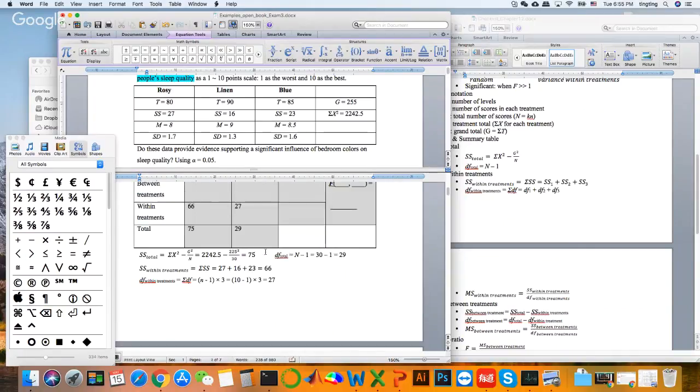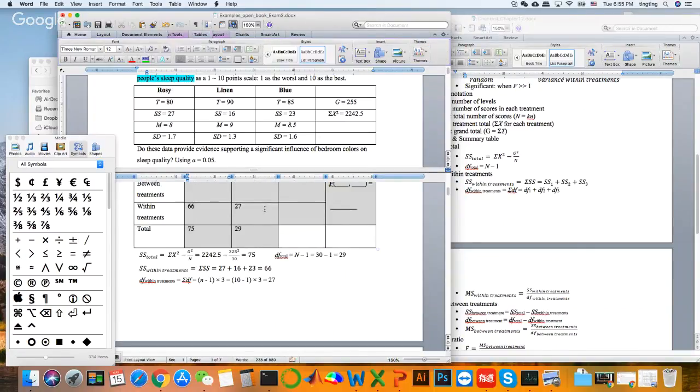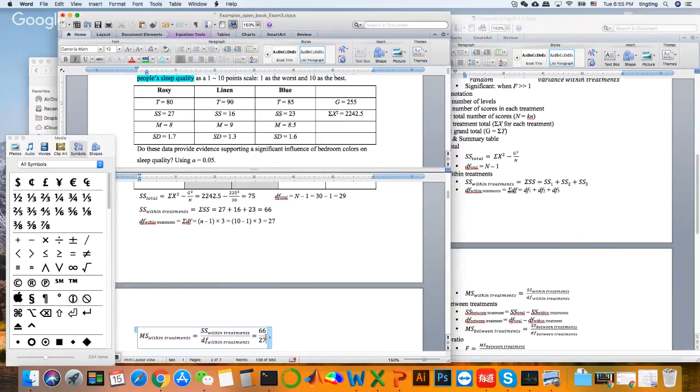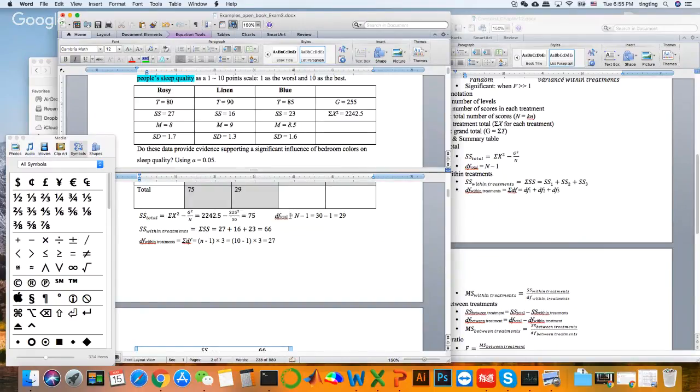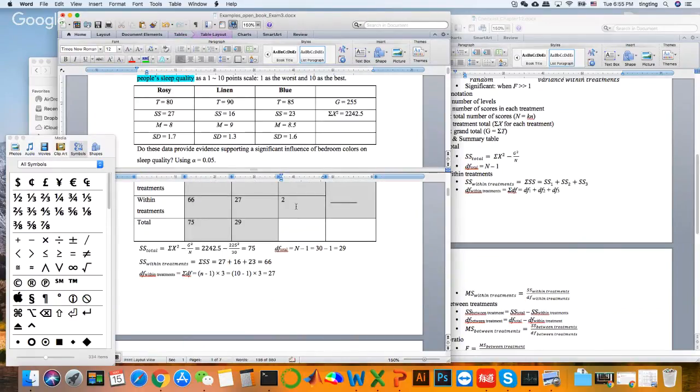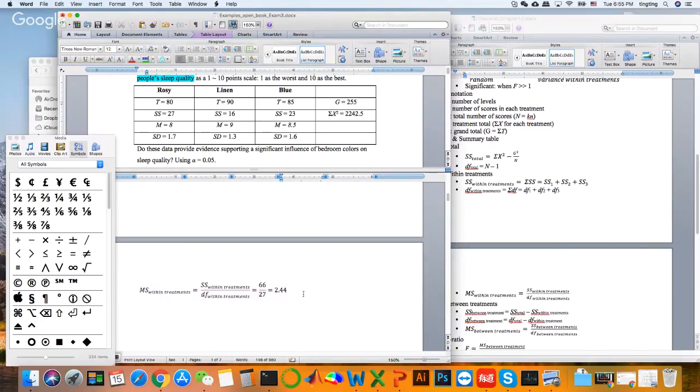So replace this number divided by this number, which equals 2.44. Put the 2.44 here. Okay.